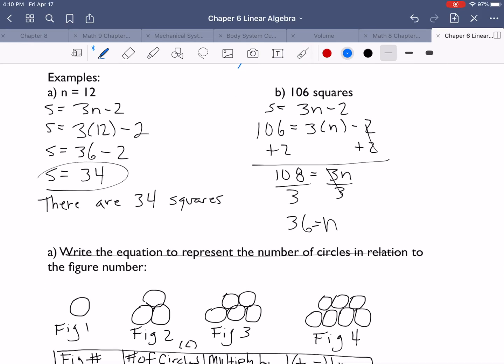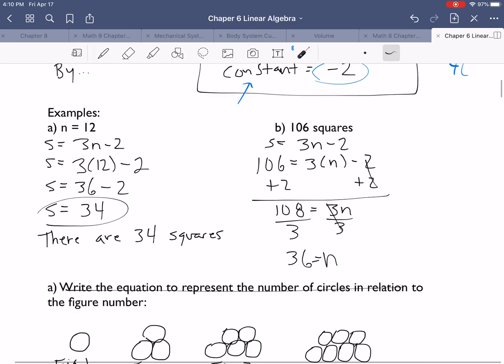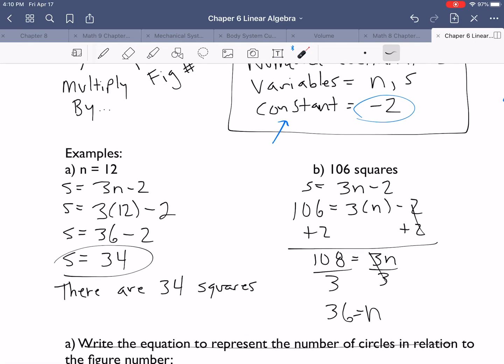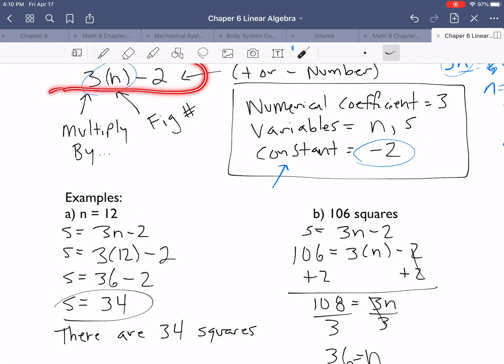So you're going to see a lot of this in this unit where it tells you that the letter equals a certain number. So A tells you that n equals 12. All right, so what it's asking you to do is that when n equals 12, it wants you to put it in the formula. So here was the formula up here, 3n minus 2.